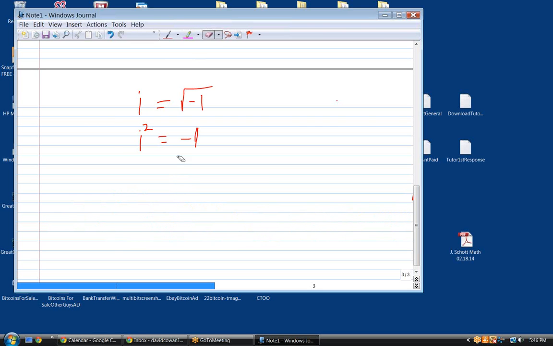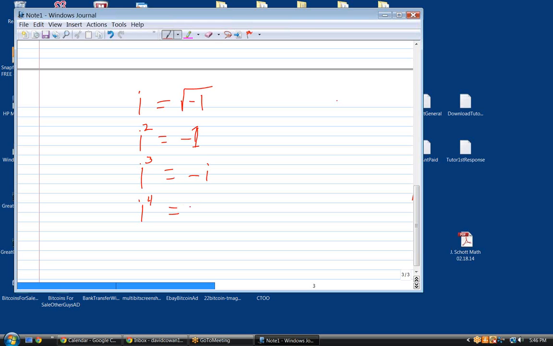Okay. And then, yeah, because we go up to the fourths. In other words, it repeats after you get past the fourth power. What's I cubed equal to? Let me double check. I cubed is -I. Because it's -1 times I. That's why.